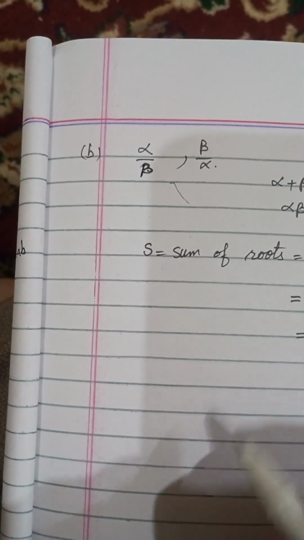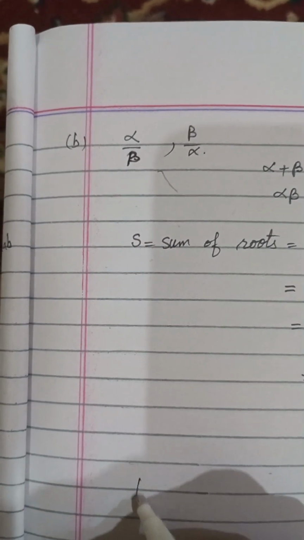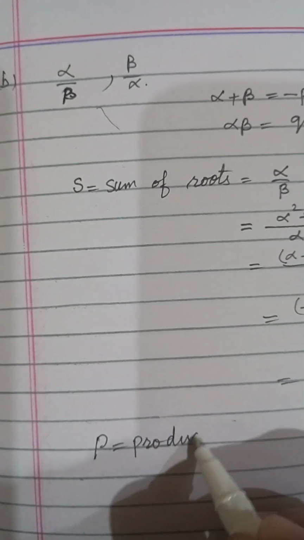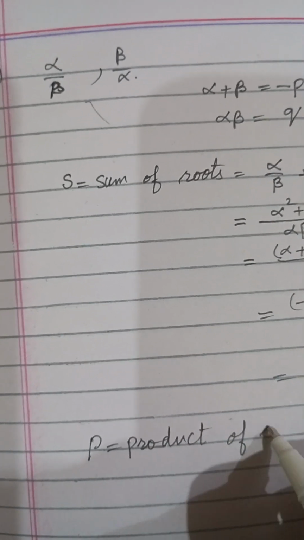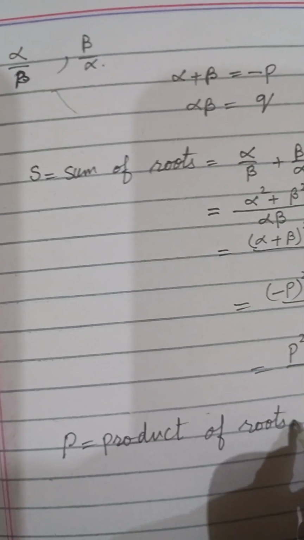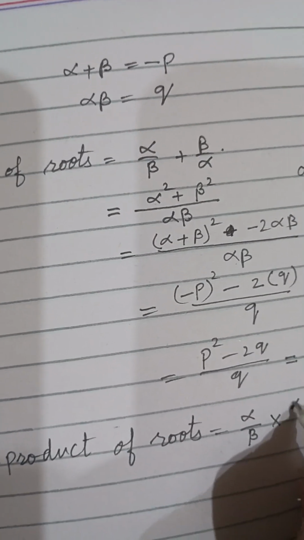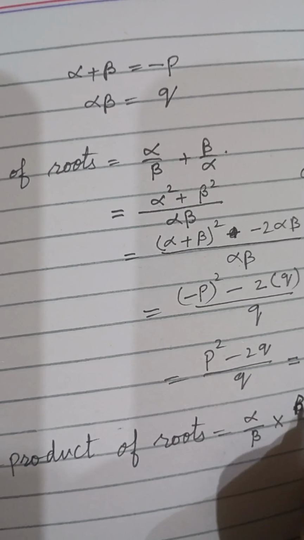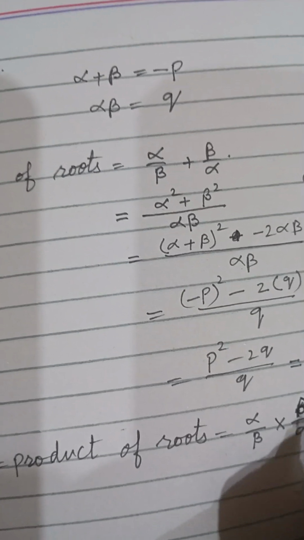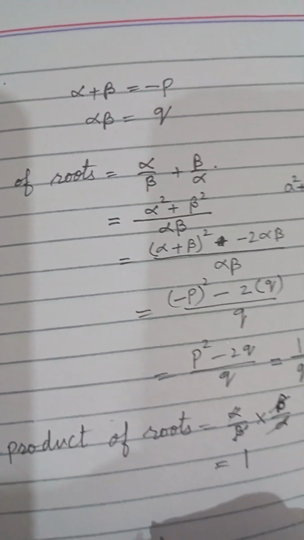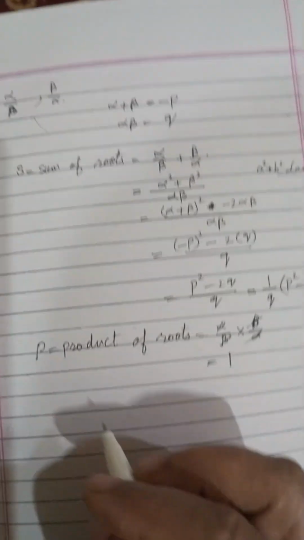Now the product of the roots of the required equation is alpha over beta into beta over alpha. These cancel each other, so it equals 1. One is the product of the roots of the required equation.